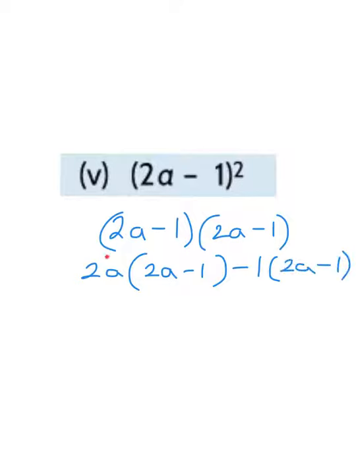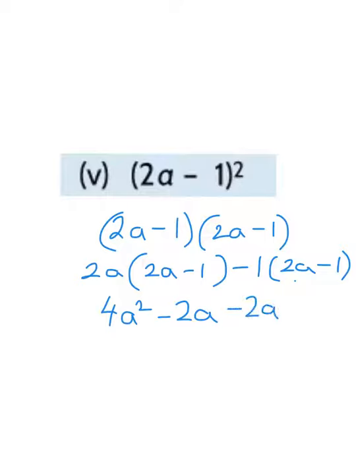Okay, let's go ahead and multiply. 2a multiplied by 2a, well 2 by 2 is 4, and a multiplied by a is a squared. 2a by minus 1 gives me minus 2a. Minus 1 by 2a gives me minus 2a.